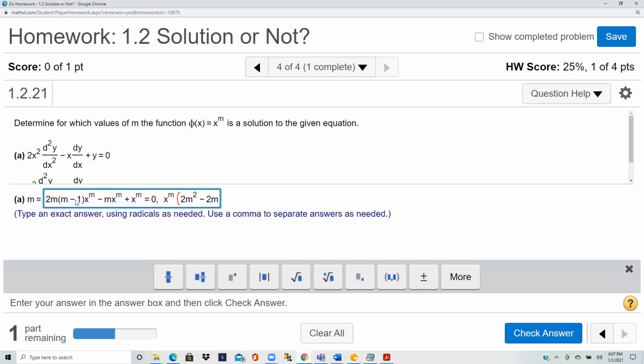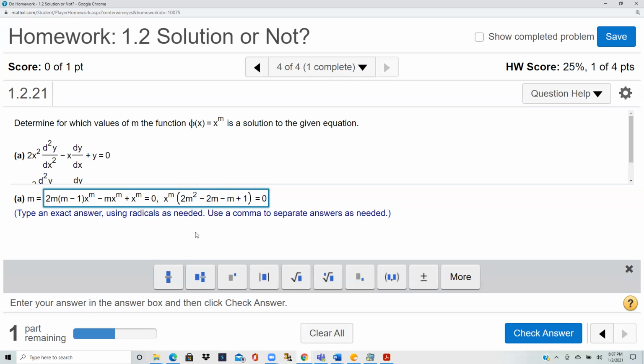And that's what I get from here. Then here I get a negative m. And here I get a plus 1. Remember, I'm factoring out an x to the power m. Okay, is equal to 0.